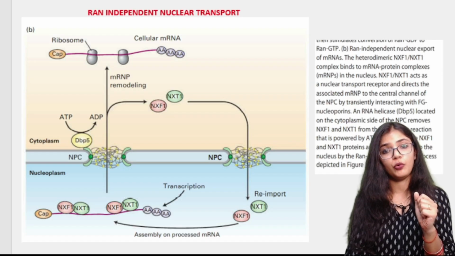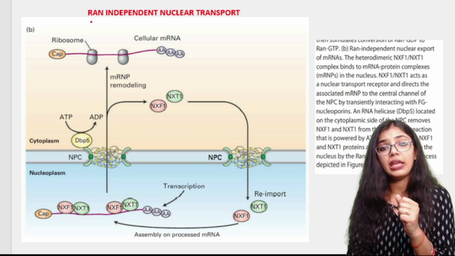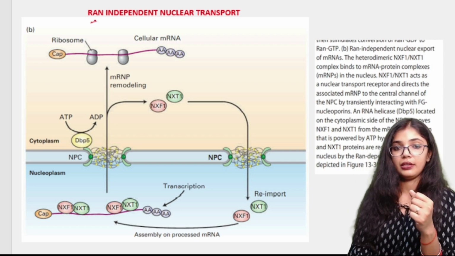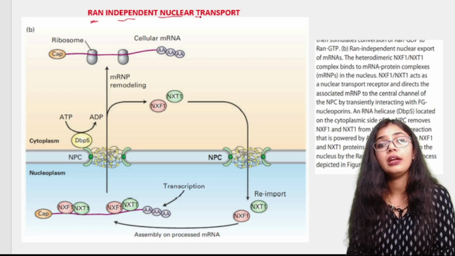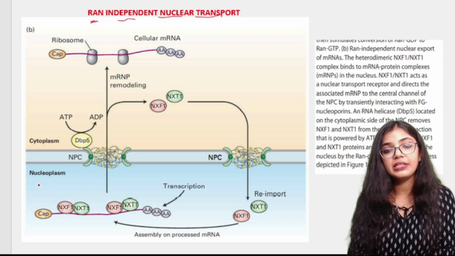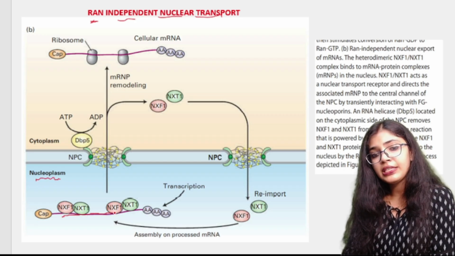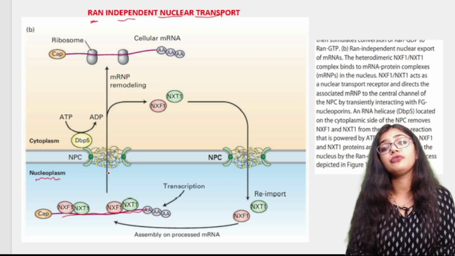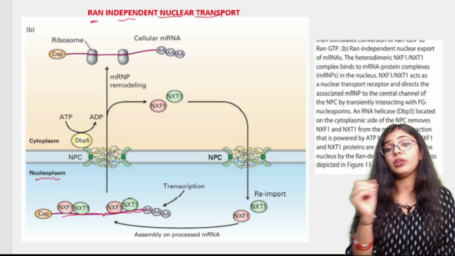Now this was all about the transfer of the protein with the help of RAN, exporting as well as importing. Let us now discuss what if there is no RAN present. The next transfer system is RAN independent nuclear transfer. Inside the nucleoplasm, the mRNA is present, and it needs to be transported outside for protein formation.